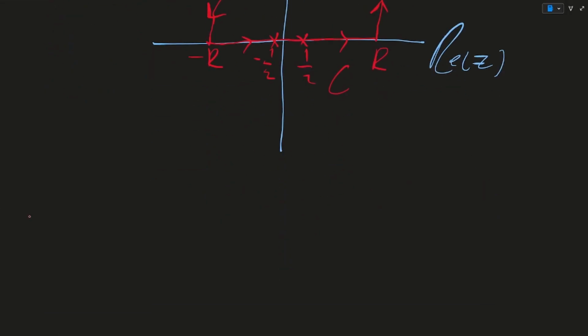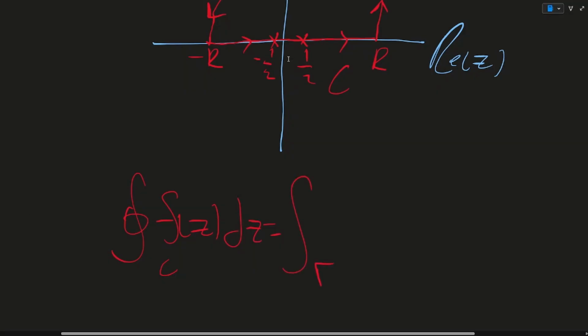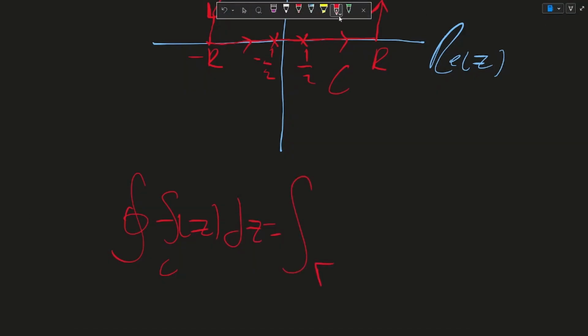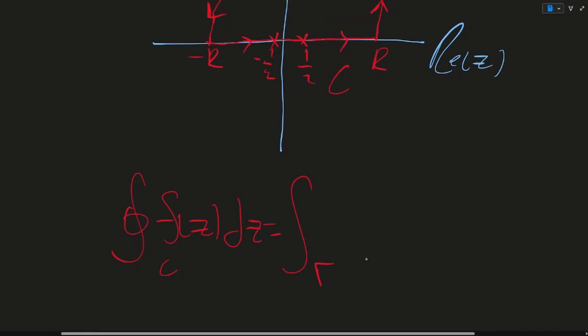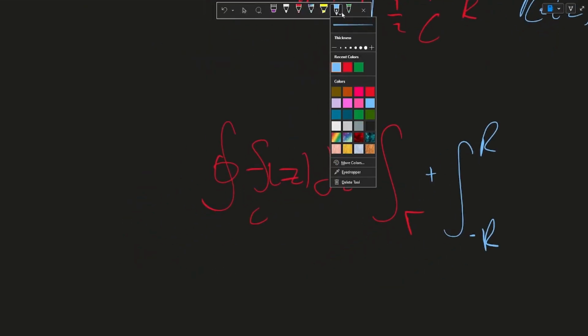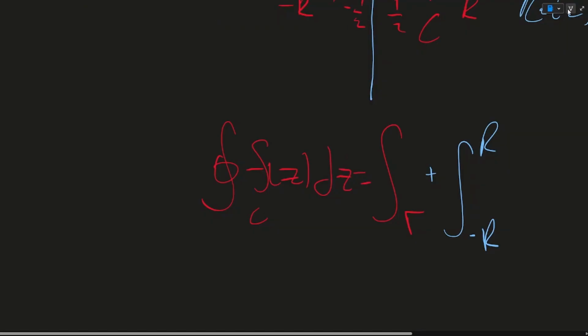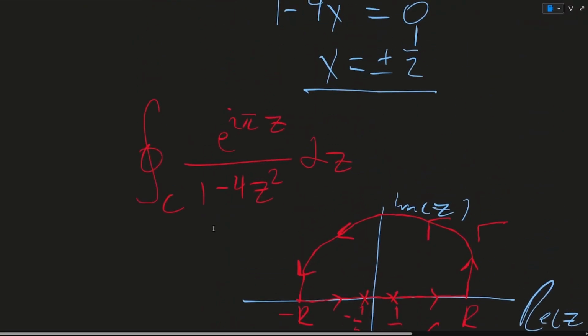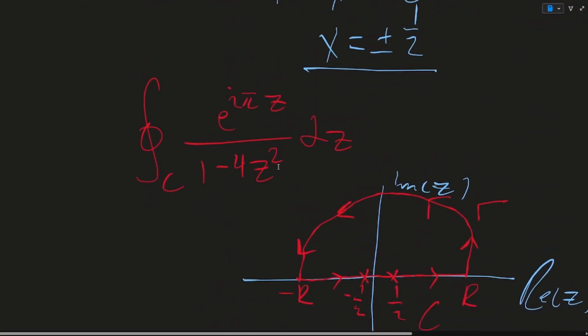So our contour integral along C of f of z dz is simply equal to the integral along gamma plus the integral along the whole real line, from negative R to R. Perfect. By Jordan's lemma, the gamma integral converges to 0 because we have a function of the form e to the i a z.